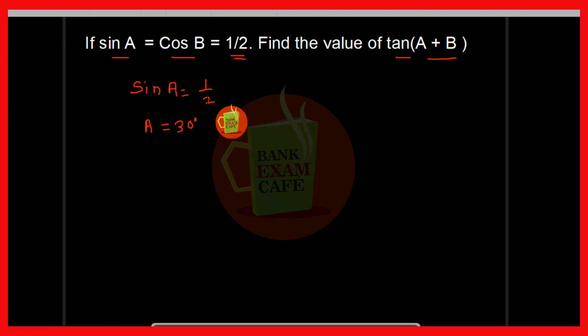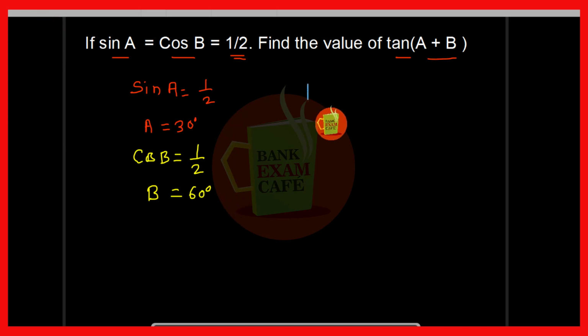Then it is given that cos B is equal to 1/2, and therefore if B is 60 degrees, then cos 60 will be 1/2, and therefore B is equal to 60 degrees. And now what we have to find?